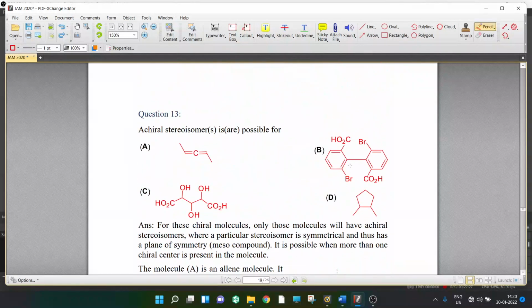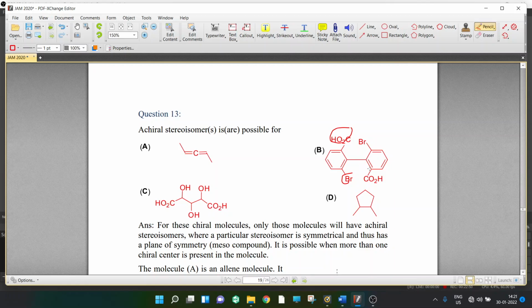So this is a case of atropisomerism generally. It means these two rings find it very difficult to rotate, because if this is a bulky substituent and this is a bulky substituent, imagine these two are in plane, then what happens? This Br comes outside the board and this COH goes inside the board.